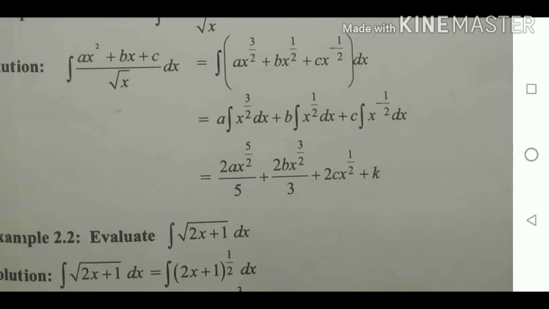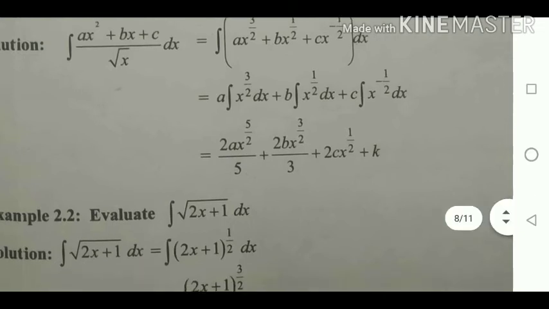After taking the constants outside, now integrate the value of x. Integration is nothing but adding 1 to the power. X power 3 by 2 plus 1 gives x power 5 by 2 divided by 5 by 2, so the 2 comes to the numerator. Here ax power 5 by 2 divided by 5 by 2, so 2 comes to the numerator.